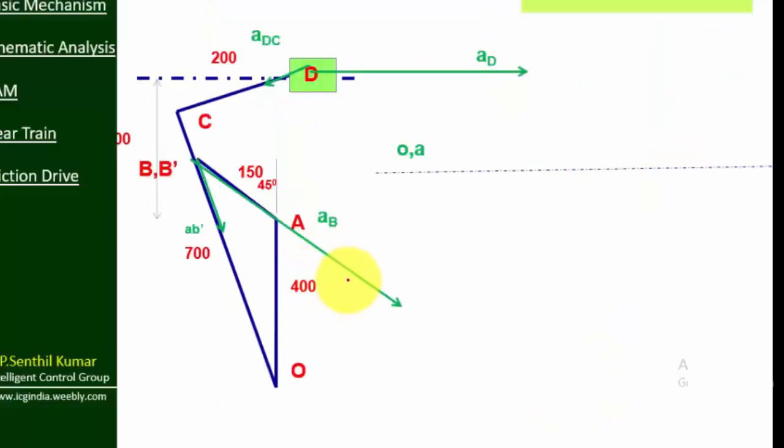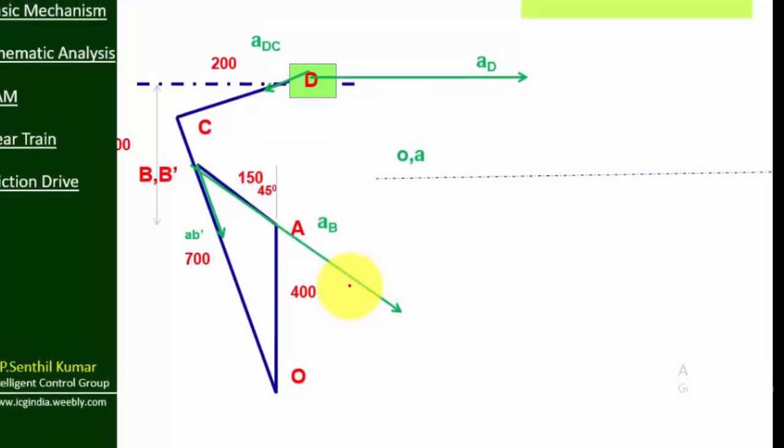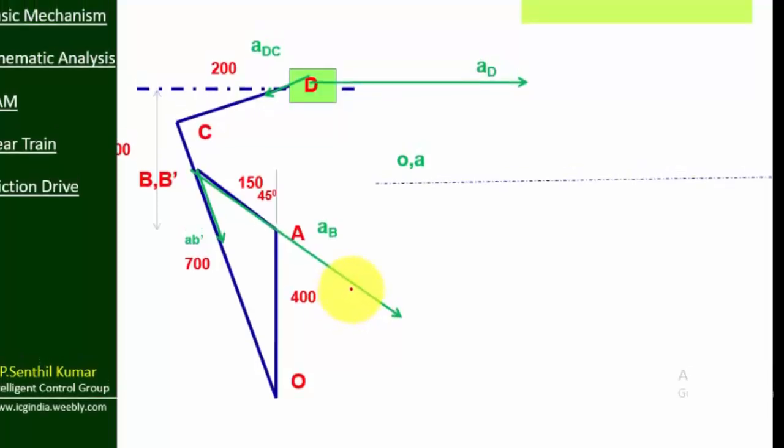It may look a little bit difficult, but let me tell you how to understand the concept clearly. These are the acceleration components. For AB there is no problem, it is a true component. AD also has no problem, but we have a problem with A radial B dash and A radial DC.